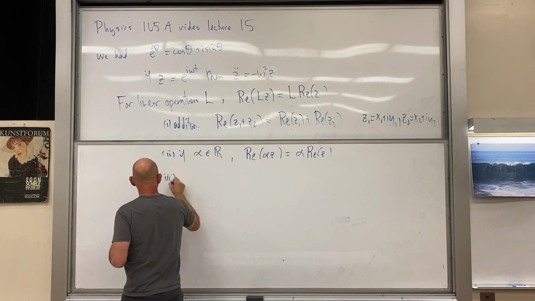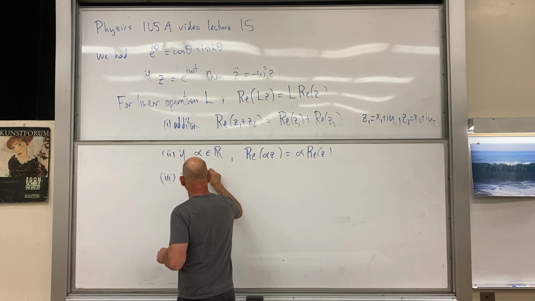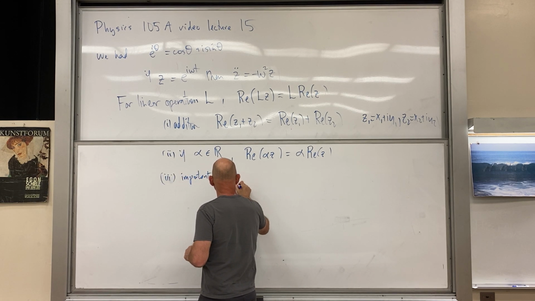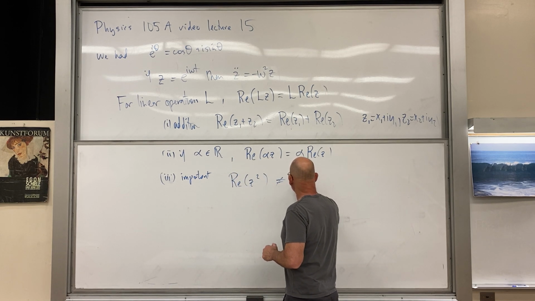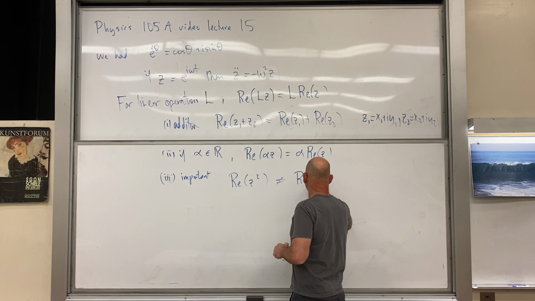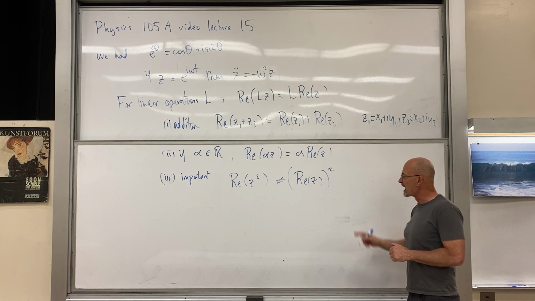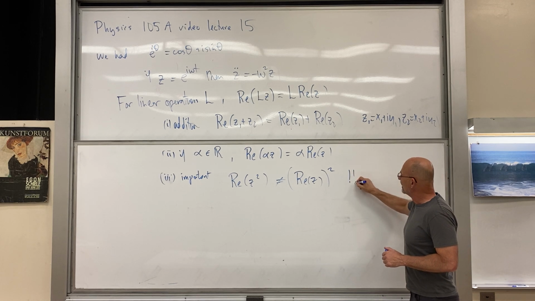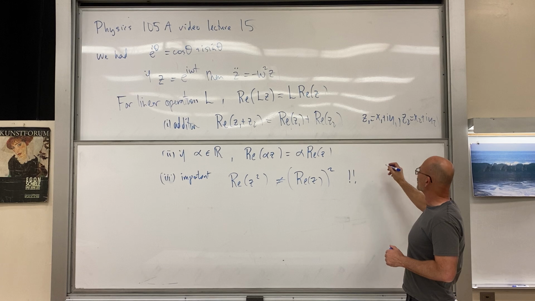So, important note: the real part of z squared is not equal to the real part of z, the quantity squared. Not equal to, very important, and you guys want to show this as well. Okay, so all three of these are homework.